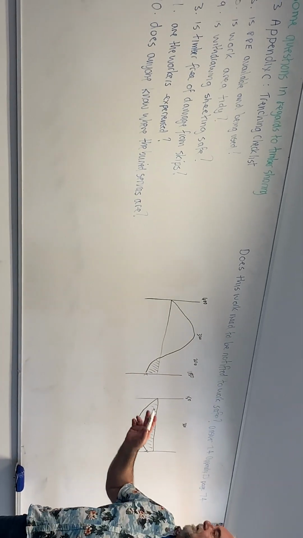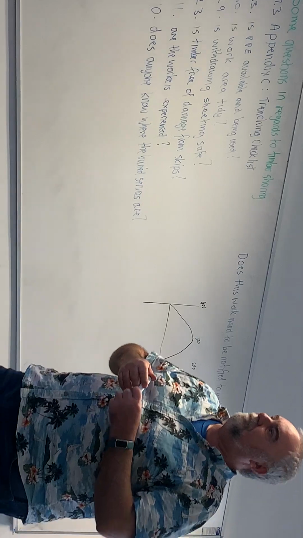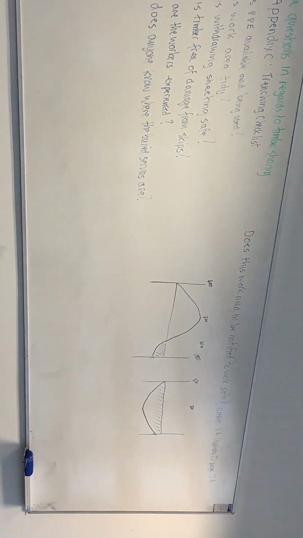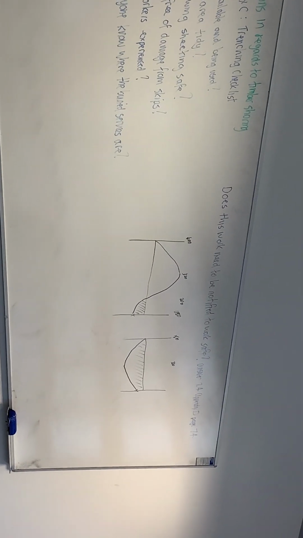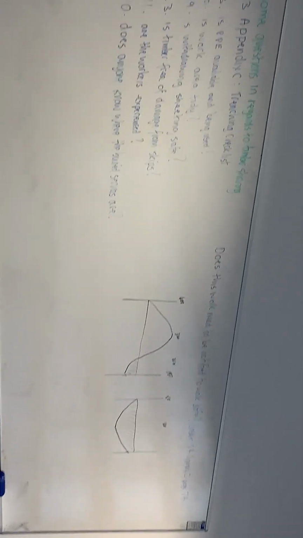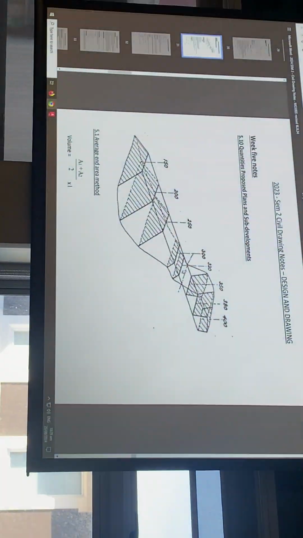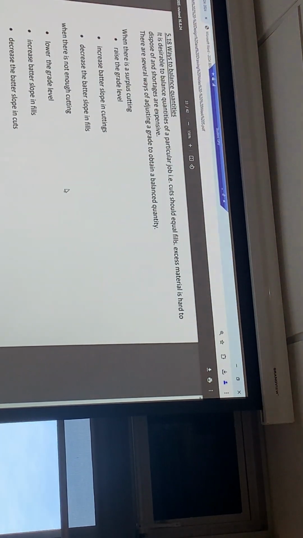And that's called, what's that? Common sense, I guess, but there's a name for it, which is in the notes, and it's just here. That is called a mass curve diagram.